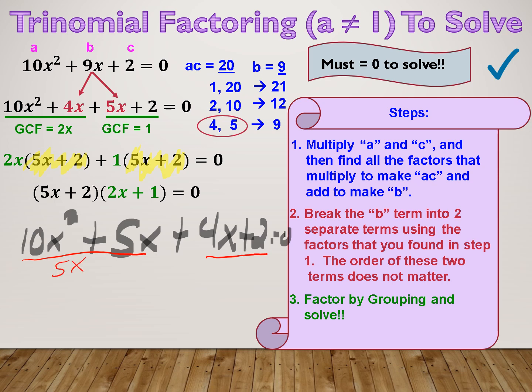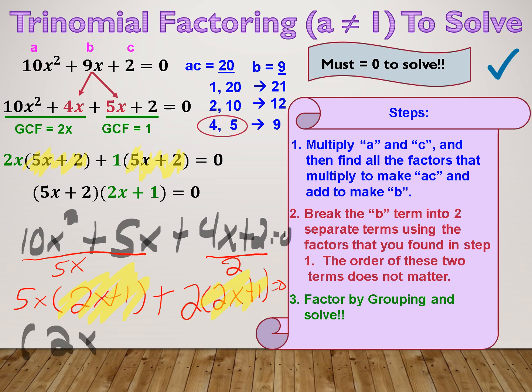My GCF would be 5x here and 2 here. So I would factor out a 5x, and that would give me 2x plus 1. I would factor out a 2, and that would give me 2x plus 1 also. So as you can see, your common term is now 2x plus 1. So I factor that out, and that leaves me with 5x plus 2 on the inside.